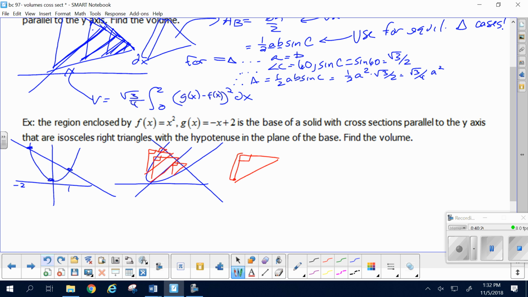remember what I said about being really careful with your geometry first, and then your calculus will smooth out.